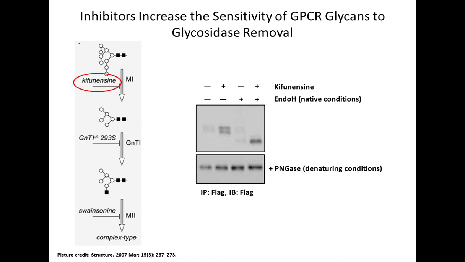So then, if it's denatured, it will collapse to a single band. If you treat with kifunensine, the top gel shows that the receptor is initially a much more defined band. But even when we deglycosylate with EndoH, the non-kifunensine treated sample does not collapse into the lower band, whereas the kifunensine treated material will.